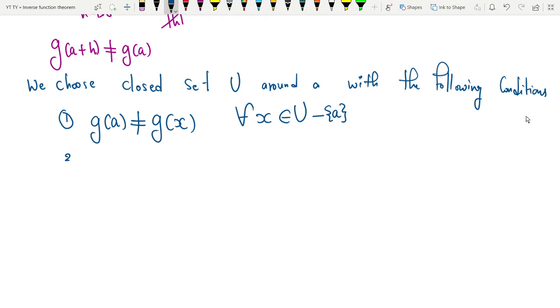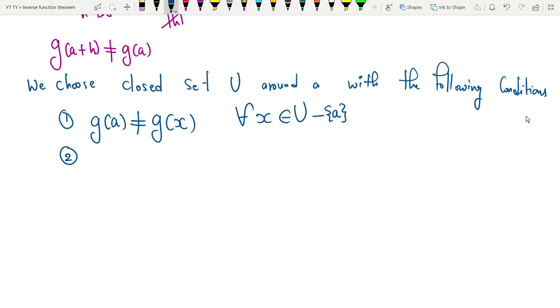Then for my second assumption, I will choose U which satisfies all the conditions. If it does not satisfy a condition, I'll make my U very small and very close to a, as small as possible until all the conditions are satisfied. We know that the determinant of g'(a) is not equal to 0.